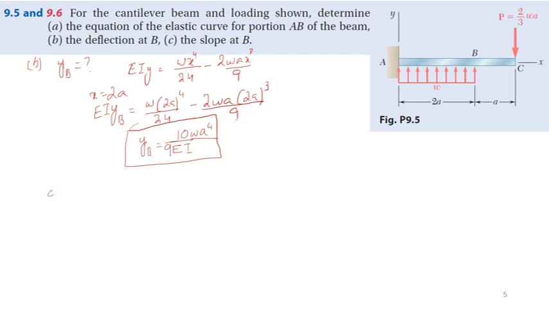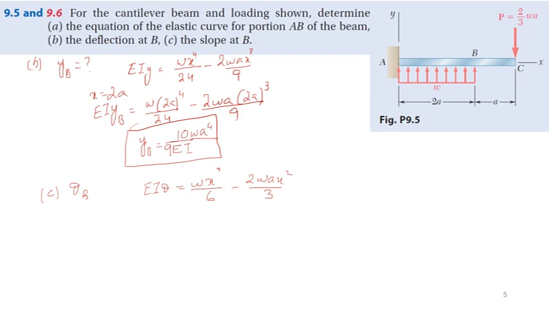And in part C, we have to find the slope at B. The equation for the slope we already calculated: EI theta equals Wx cube by 6 minus 2WAx square by 3.